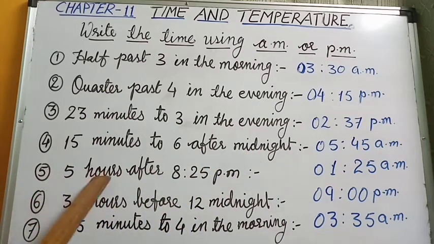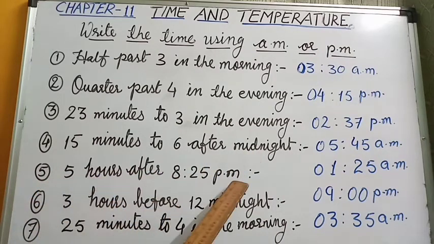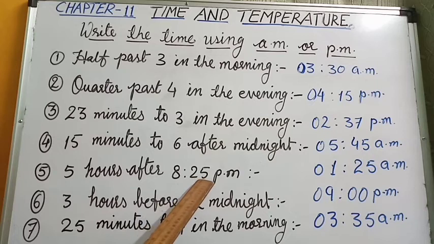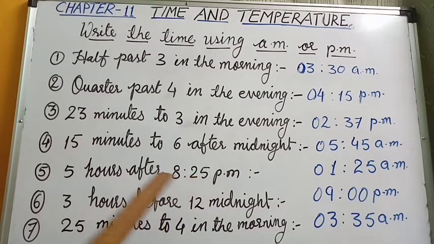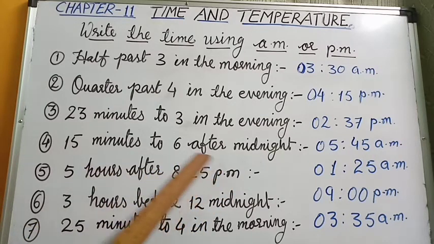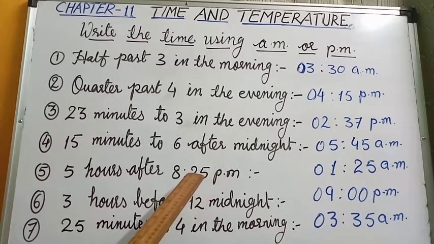Next is 5 hours after 8:25 PM. PM means the time of evening. So 8:25 PM, we have to add 5 more hours in this time. So let's add 5 more hours. After 8:25, 9:25, 10:25, 11:25, 12:25, and after 12:25 we have to take 1:25 midnight.